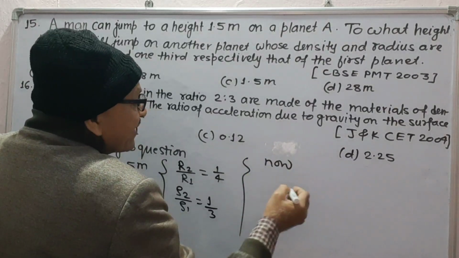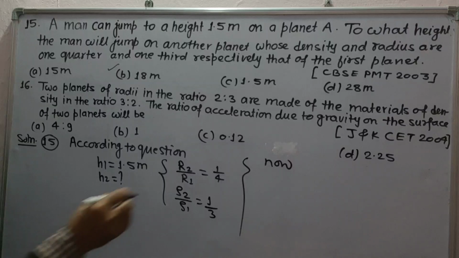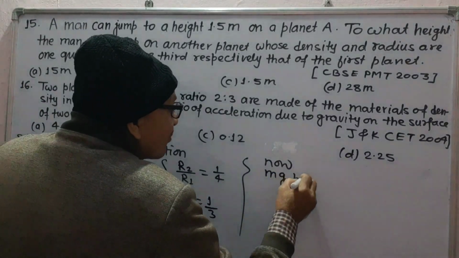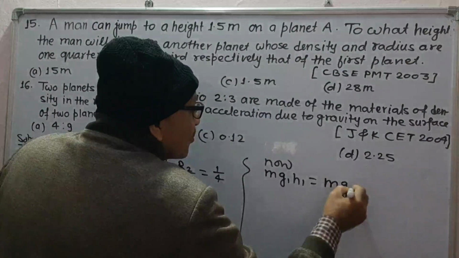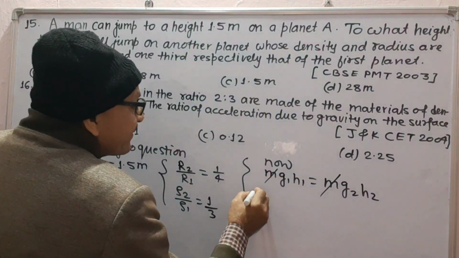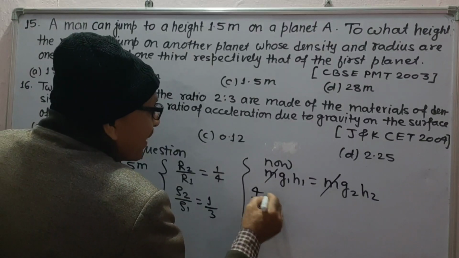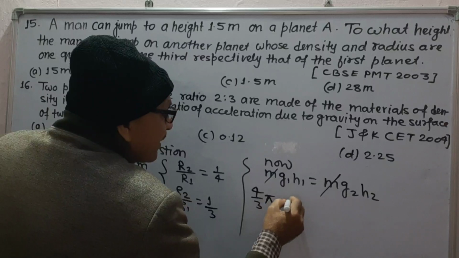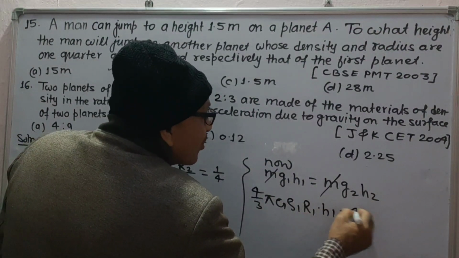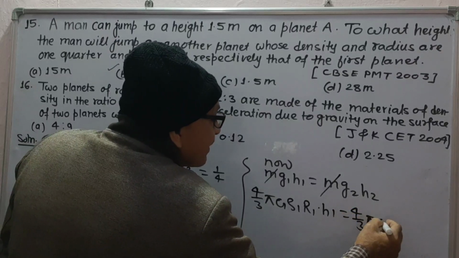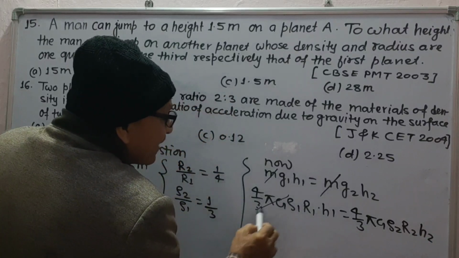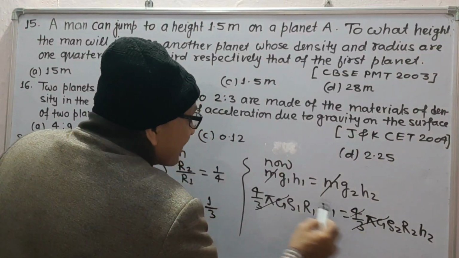Now for the same person jumping on two planets, potential energy must be the same. mg1 h1 will be equal to mg2 h2. M gets cancelled and g1 can be written as 4 by 3 pi g rho 1 r1 into h1 equal to 4 by 3 pi g rho 2 r2 into h2. 4 by 3 pi g cancels out.